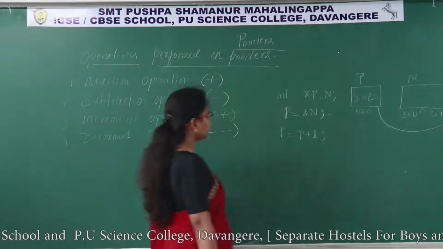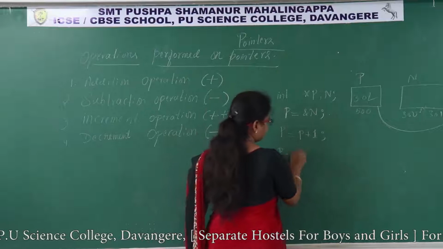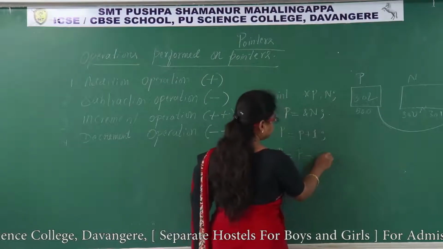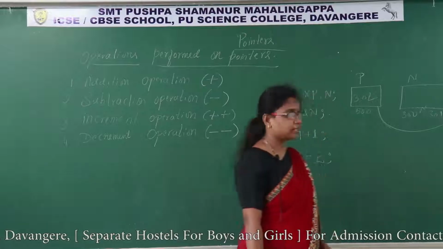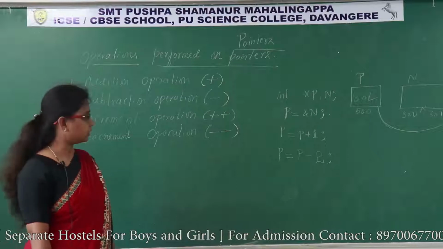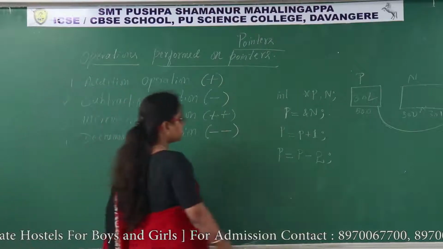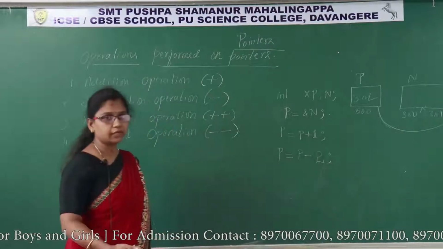In this way you have to understand addition operation on pointers. Understood? Now subtraction operation. p = p - 2. Right now what is there in p? 302 is there. p is which kind of pointer? It is an integer pointer. If I subtract the value 2 from this pointer, it is 2 times decrement.